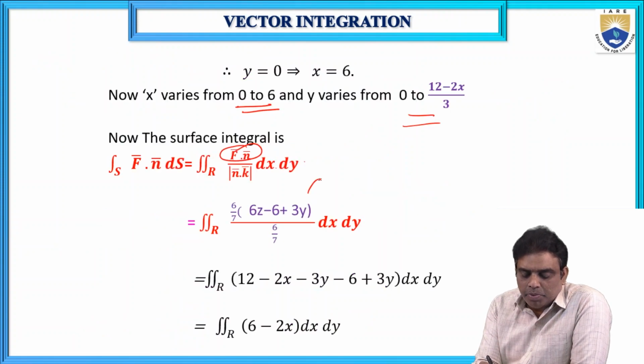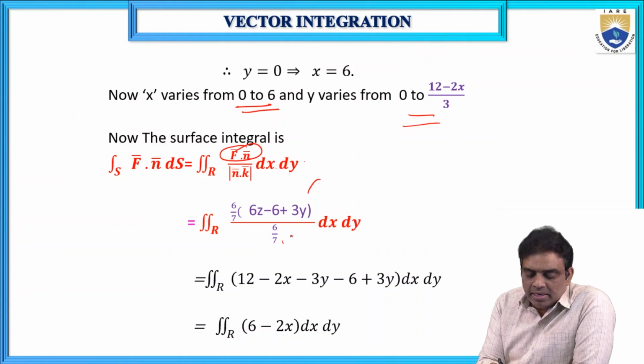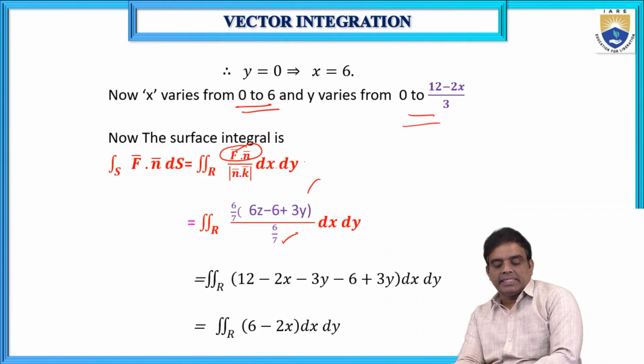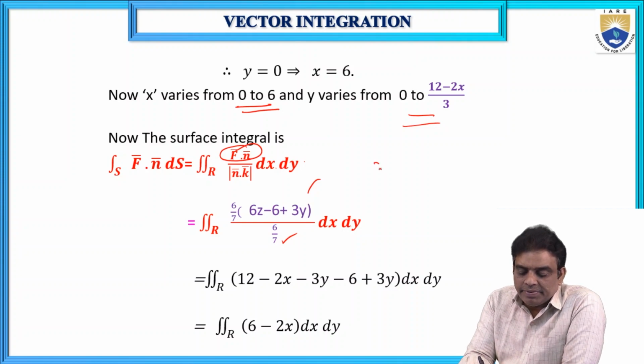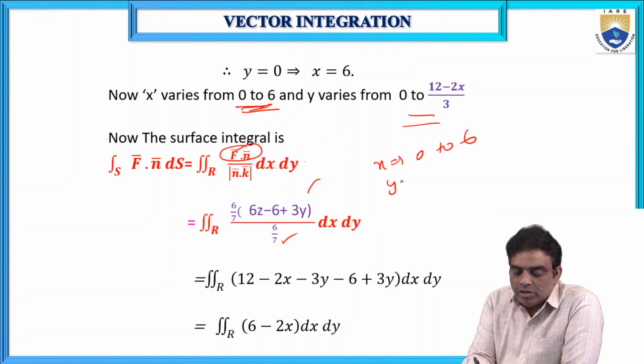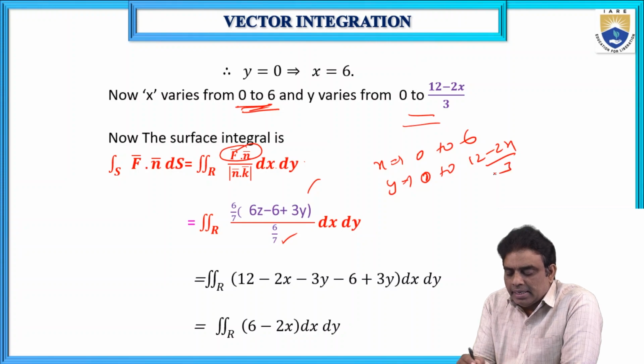This is the top part. The denominator, already evaluated, is also 6 by 7, with dx dy as it is. Here x varies from 0 to 6 and y varies from 0 to (12 minus 2x) by 3.